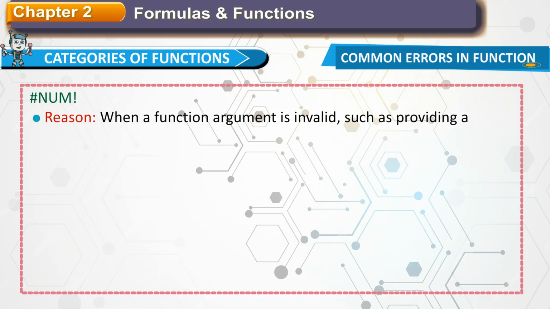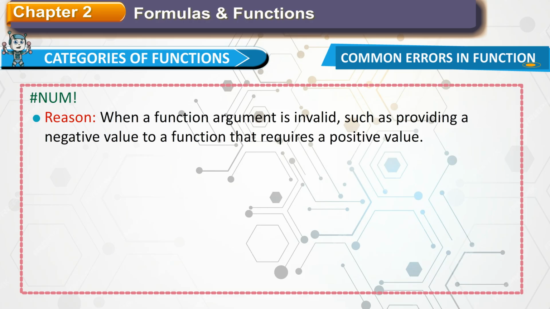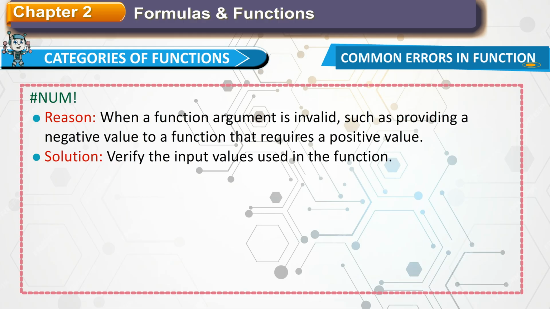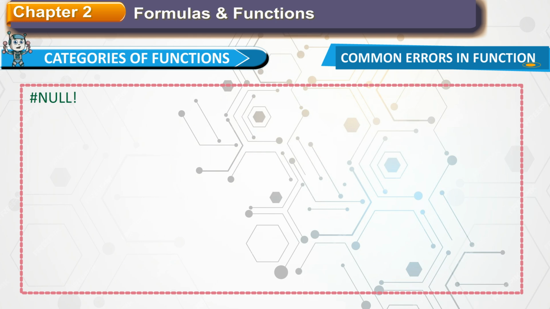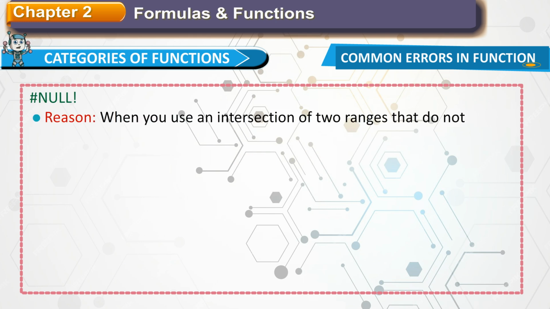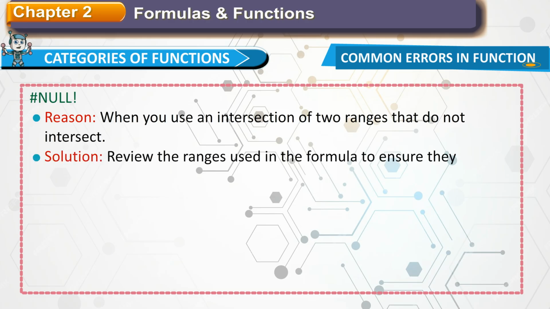Reason: when a function argument is invalid, such as providing a negative value to a function that requires a positive value. Solution: verify the input values used in the function. #NULL! Reason: when you use an intersection of two ranges that do not intersect. Solution: review the ranges used in the formula to ensure they intersect correctly.